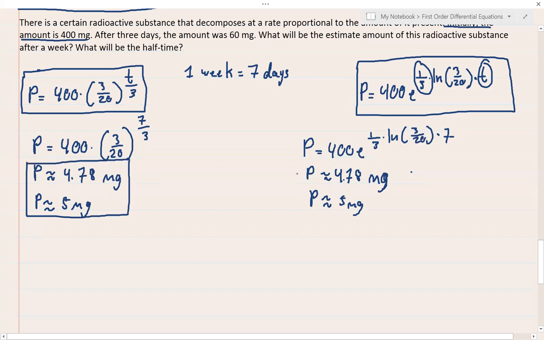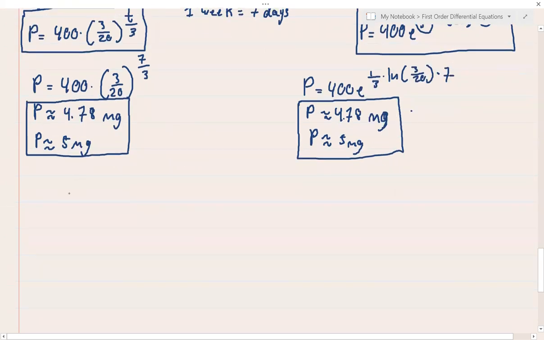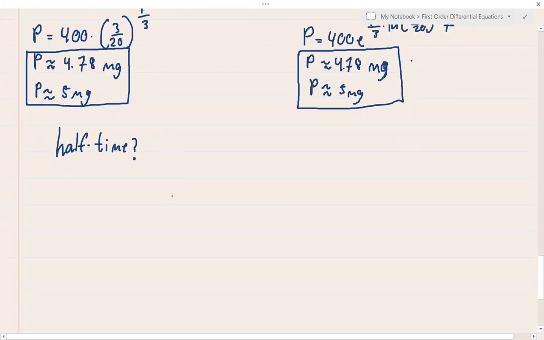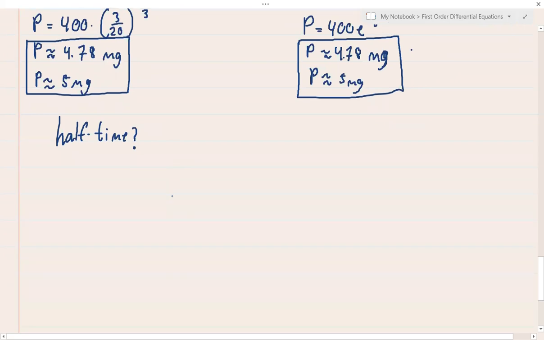Okay? Ngayon, let's proceed na sa second question. The second question states that what will be the half time? So when we say half time, okay, punta tayo dito. Half time. When we say half time, guys, ibig sabihin nun, the time na naging amount niya ay kalahati lang ng initial amount. Gets niyo ako? Kumbaga, your P is equal to initial P all over 2.